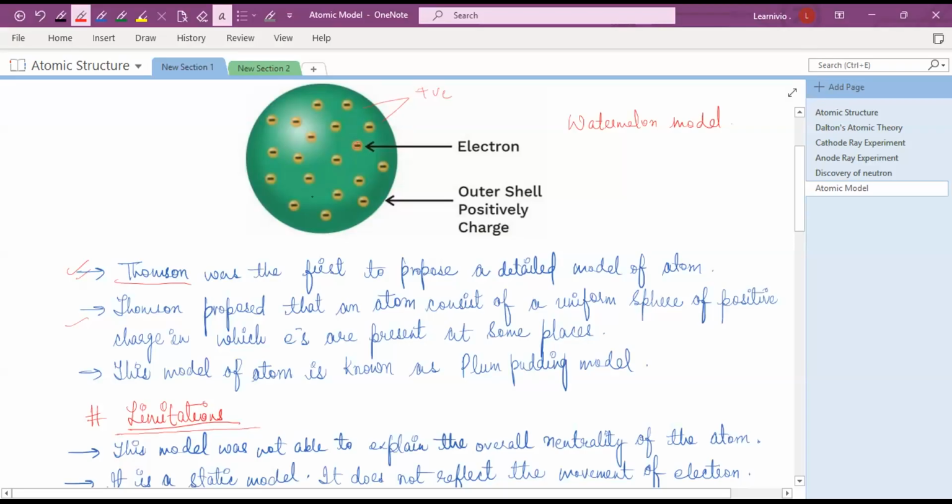Just like a Christmas pudding, where raisins are embedded in the pudding. So this model is also considered the plum pudding model.